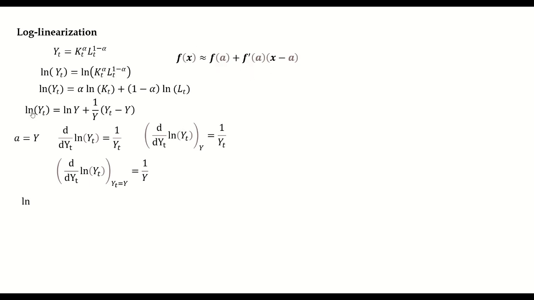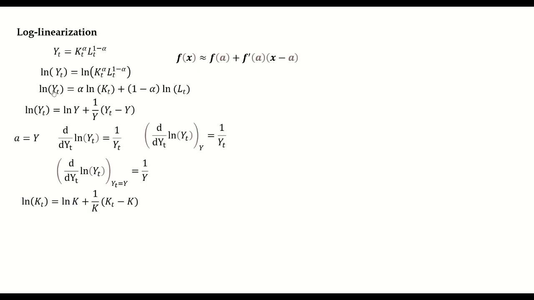This is how we got log of yt equals log of y, which is nothing but this term, plus 1 over y, which is nothing but this first differential evaluated at the steady state, times this deviation from the steady state. That is the first order Taylor expansion.